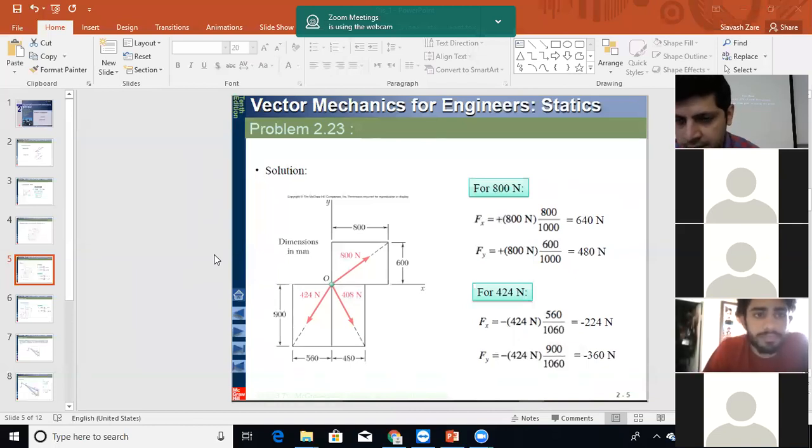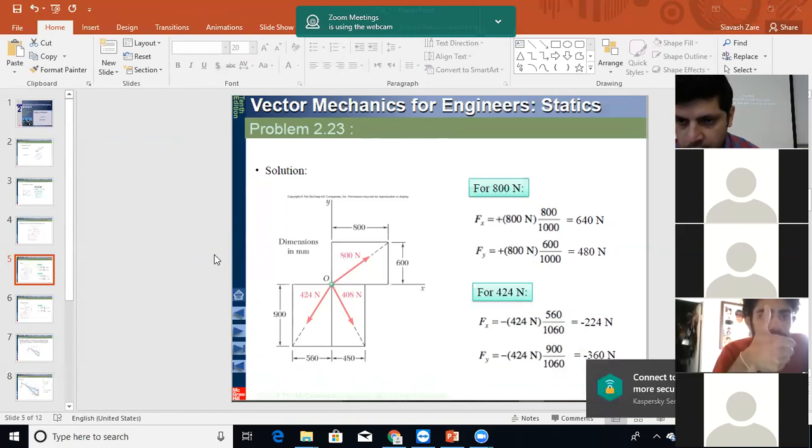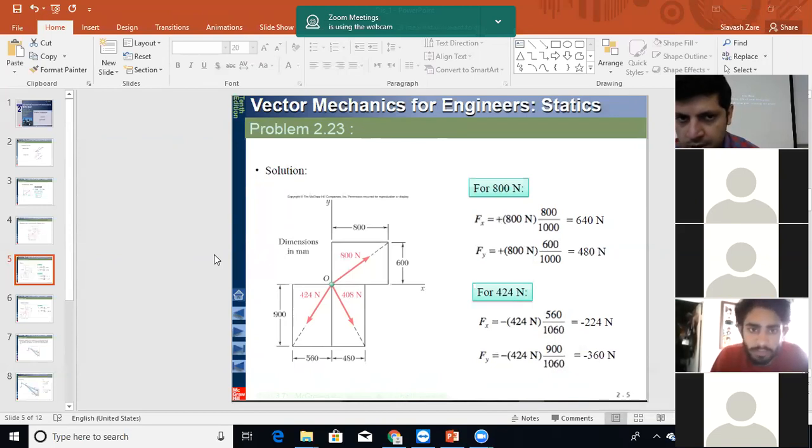Okay, 1000 is actually the hypotenuse of the triangle. So this is the way that we get sine of theta and cosine of theta. So I repeat, sine of theta is the division of the opposite side over the hypotenuse, and cosine is the division of the adjacent side over the hypotenuse.